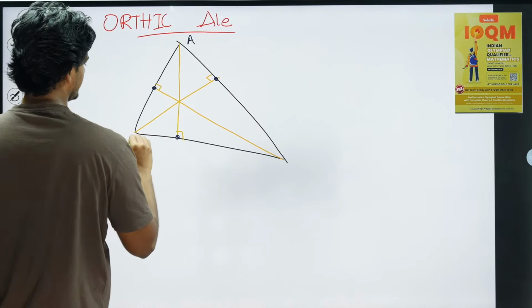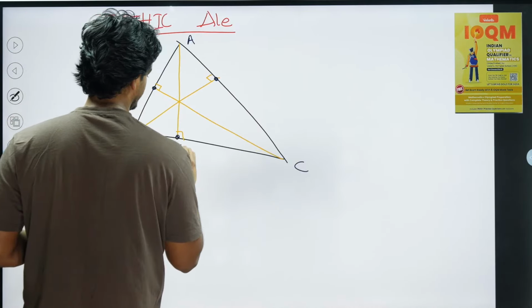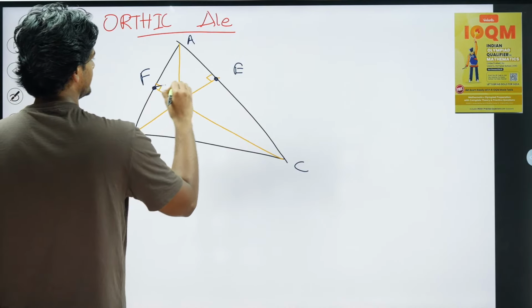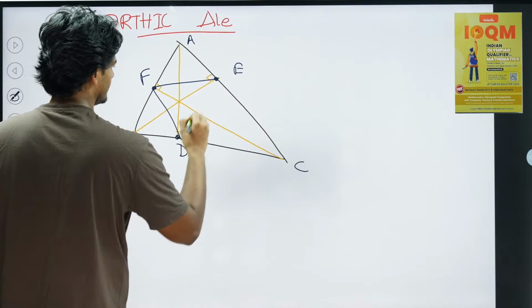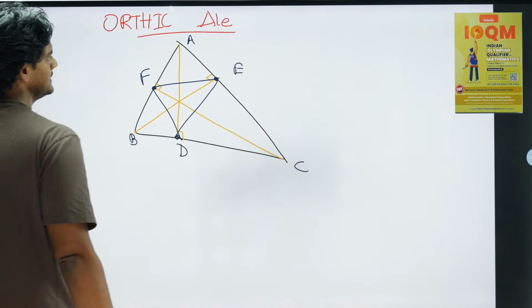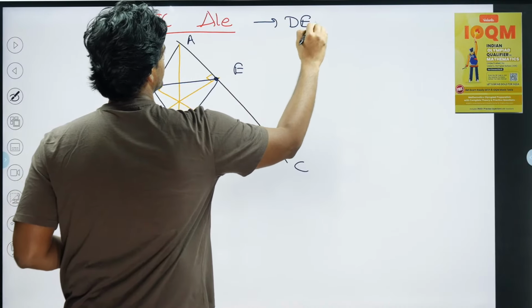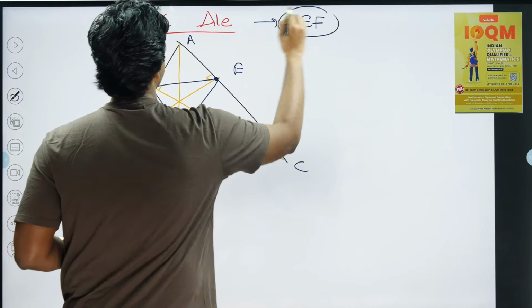Let's say these are A, B, C, D, E, F. DEF is called the orthic triangle.